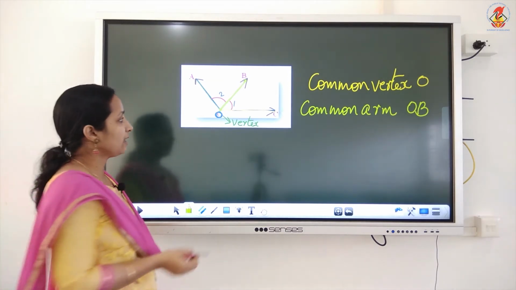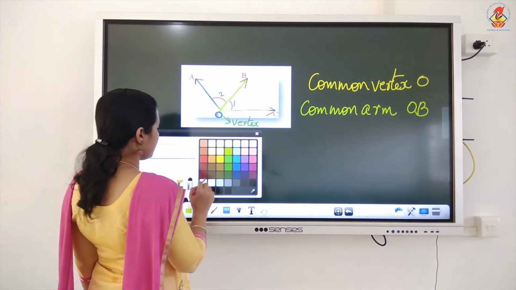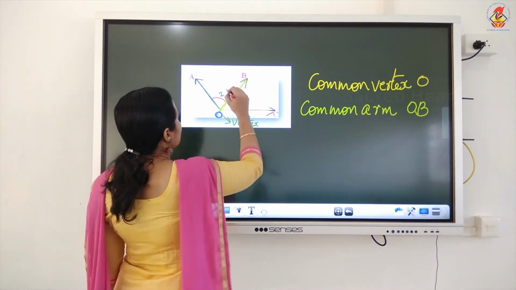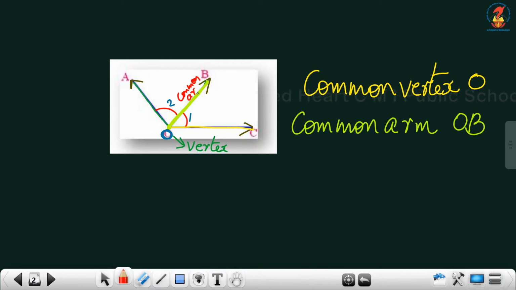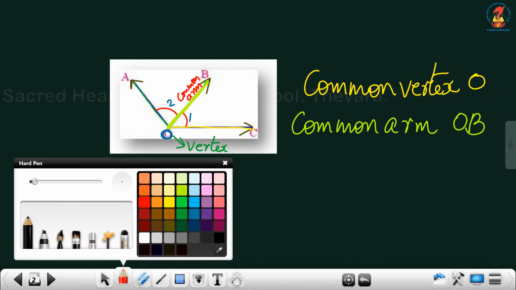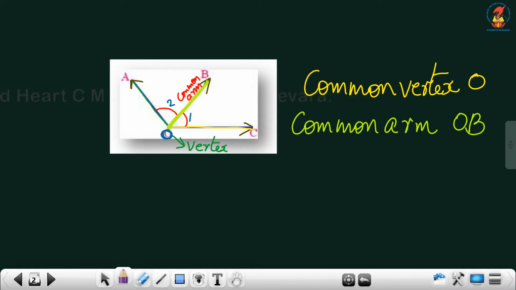Now, this is the common arm, is it? So, if this is the common arm, surely the rays OC and OA are the uncommon arms, is it? So, we can write it as OC is an uncommon arm or non-common arm.